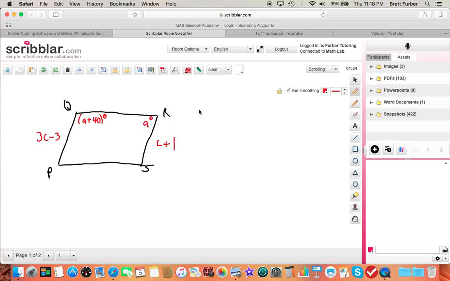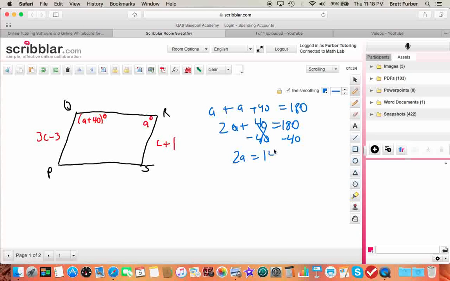So this one and this one have to add up to 180. So that's what I'm going to do. A plus A plus 40 equals 180. And let me combine like terms first. This is going to be 2a plus 40 equals 180. So when I solve for a, I'm going to get that a is 70.